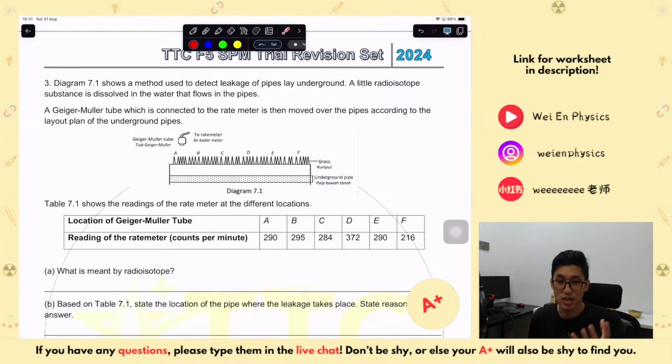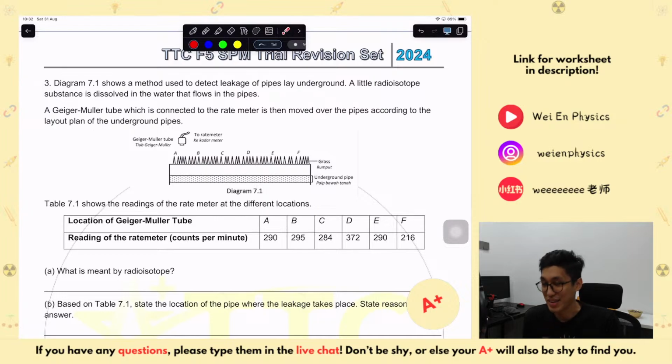A lot of these holes suddenly appear in the middle of the road. It's because of this water, when it hits the soil, the soil will become soft and then the road will drop down. So we have to detect the leaks very quickly. But we cannot just dig up everything. So we have to throw in some radioactive substance inside and then we check. Sodium-24, correct?